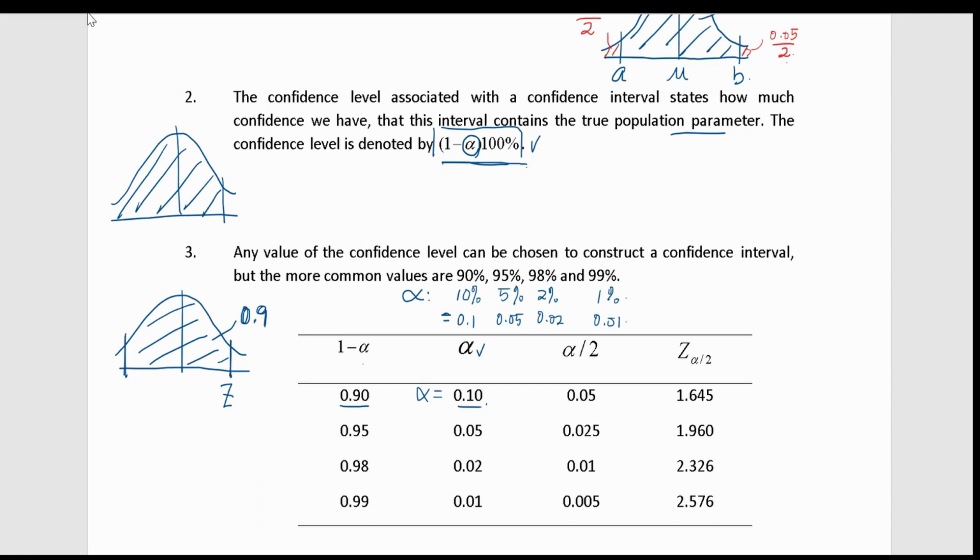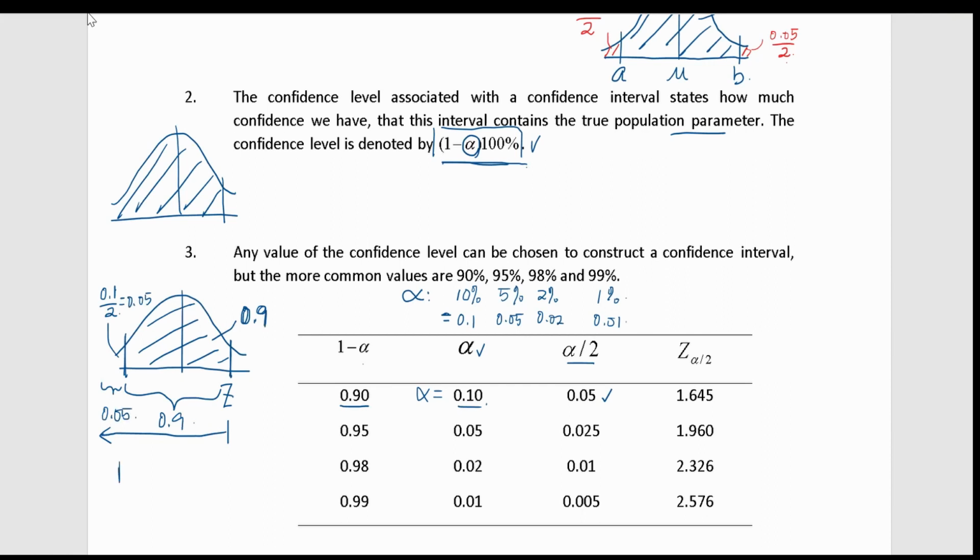So in order to use the table to get the corresponding z-score, this area is 0.9, and the smaller region here is 0.1 divided by 2, correct? That is why we have alpha divided by 2. So it is 0.05.